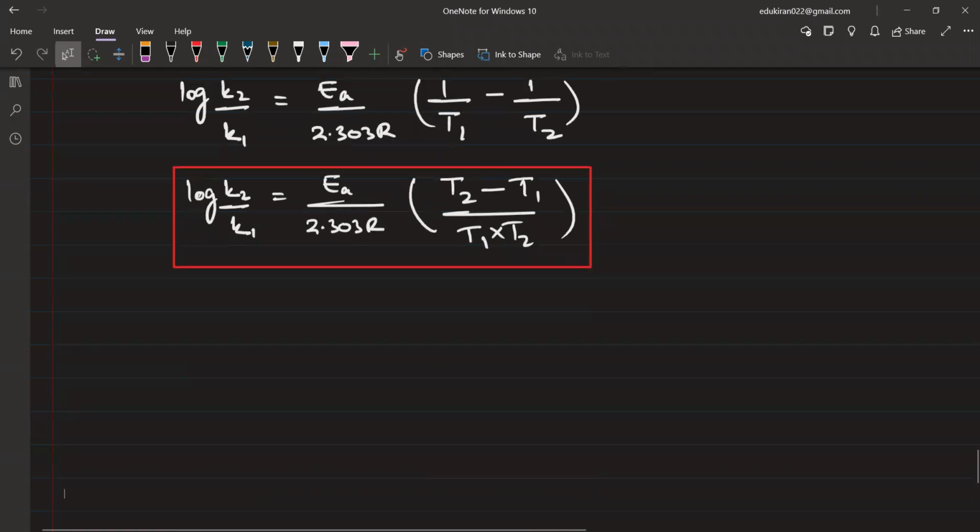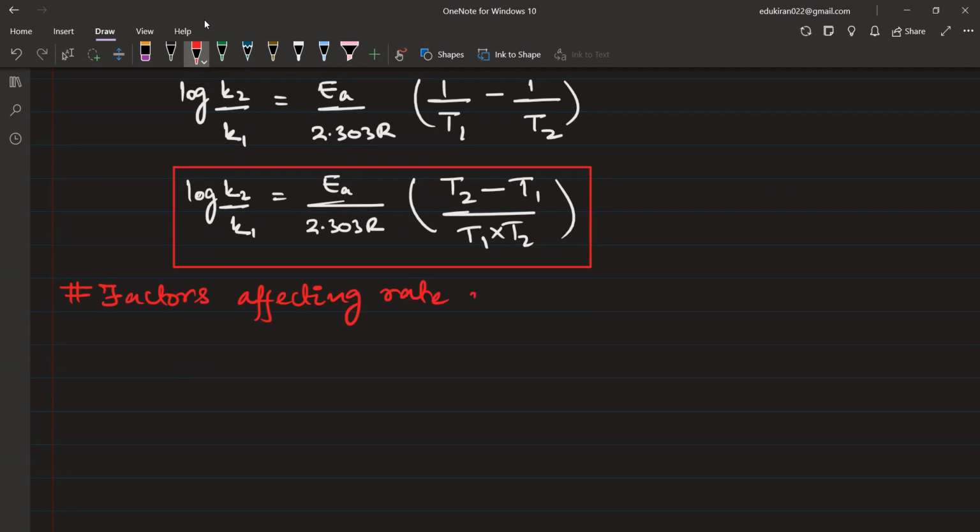Okay. Now, write the topic: factors affecting rate of reaction. So we have seen a few factors. The important factors that you have to remember are: number one, concentration of reactant.